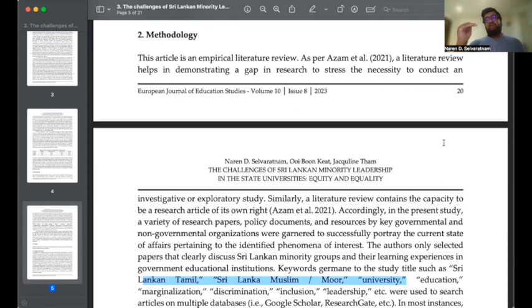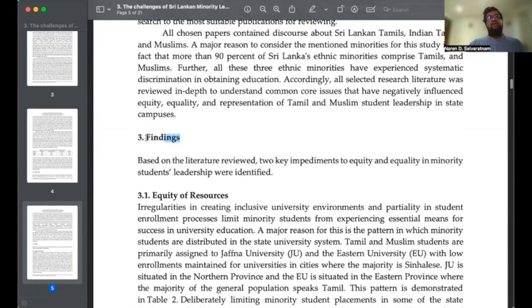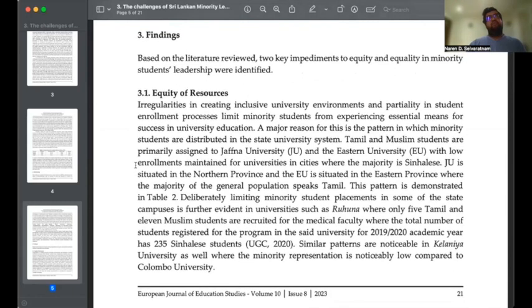We have given some introduction, which is the background, and from there we have gone to the basic methods. Now, after the methods, I have given some findings. If I remember correctly, I think we had downloaded about 100 to 150 or so papers that are highly relevant. And upon reading, in terms of understanding the challenges minority students face in the pursuit of leadership in state campuses, we identified a couple of major problems.